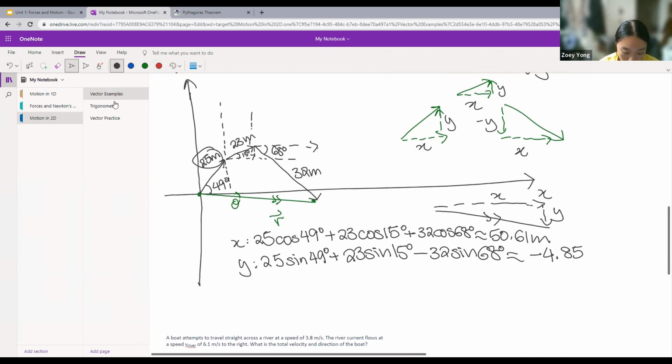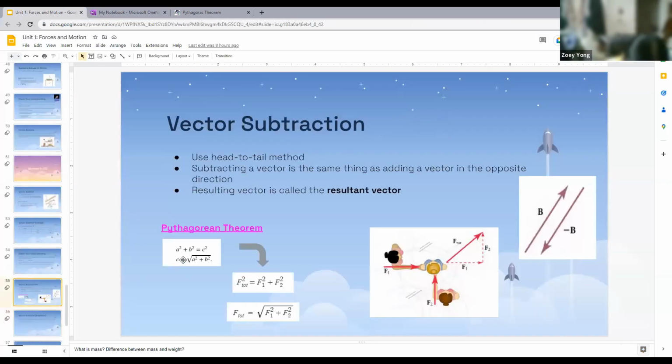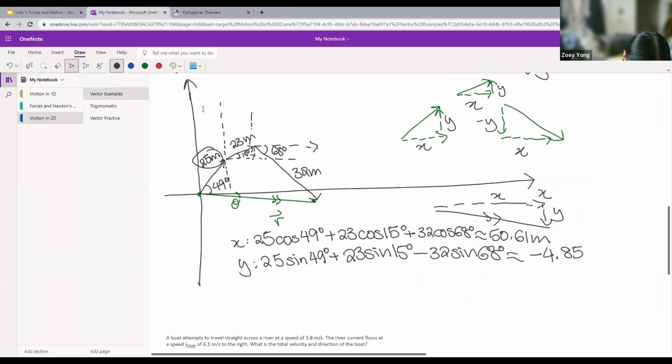So we use the Pythagorean theorem, which we talked about earlier. This one, a squared plus b squared equals c squared. So in this case, a squared is this x right here. B squared is this y equals c squared, which is like the r.